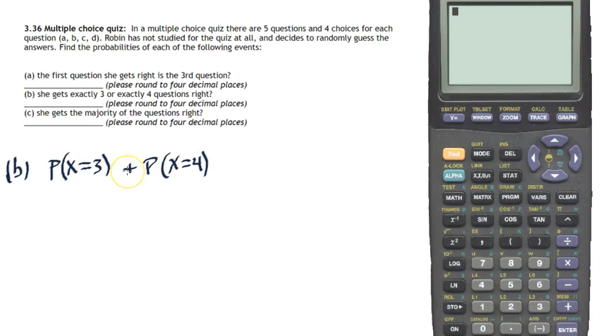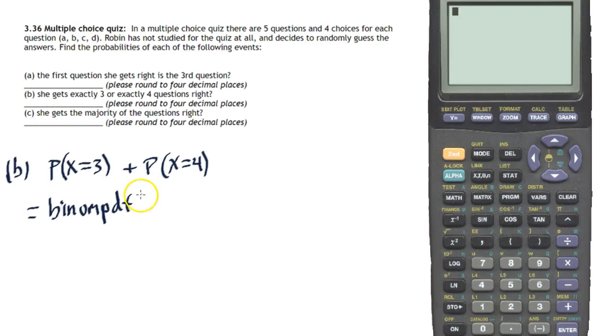When we're dealing with the binomial distribution, equal is referring to PDF. So this would be binomPDF of, so we want n, p, and our x value, or k, as sometimes they refer to it.